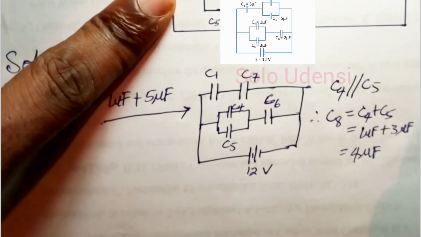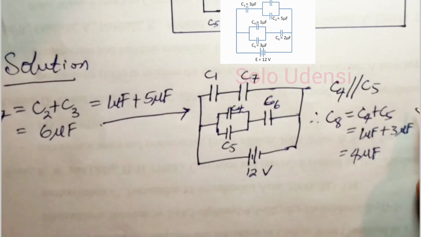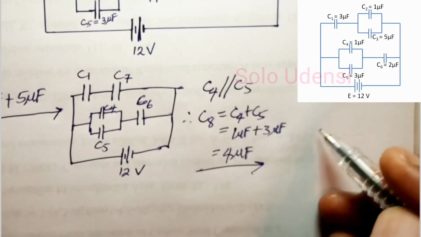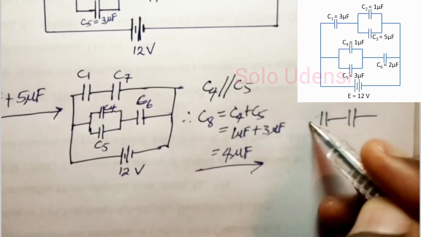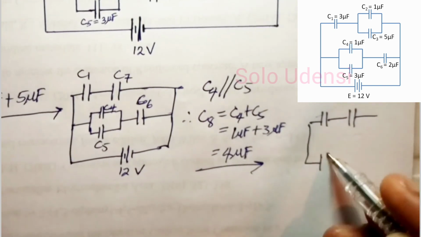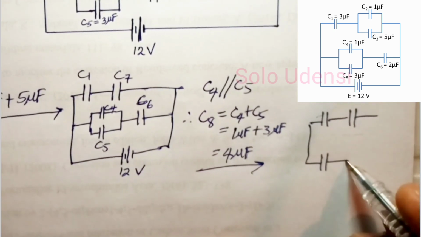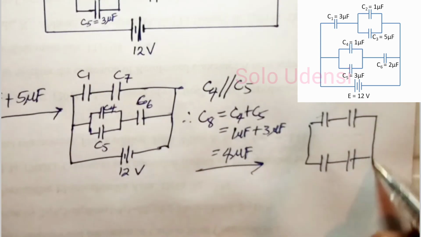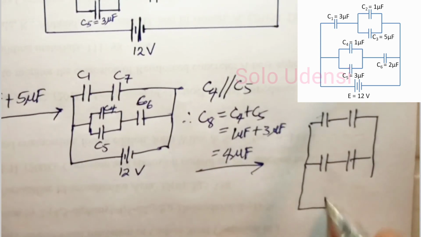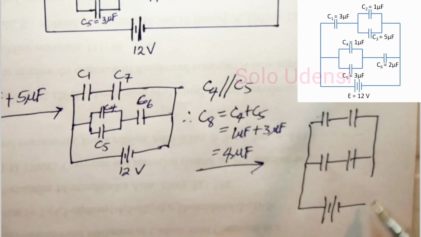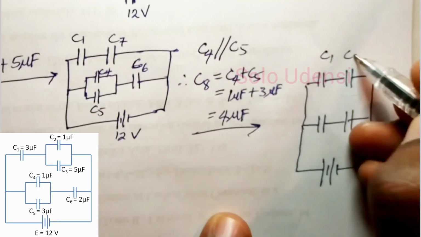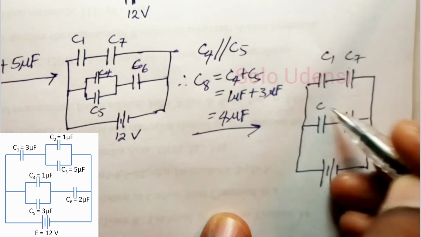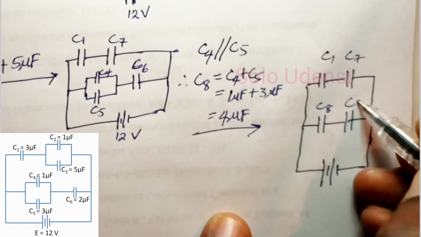So C8 is 4 microfarad, and the equivalent circuit now becomes this: C1, C7, C8, C6.